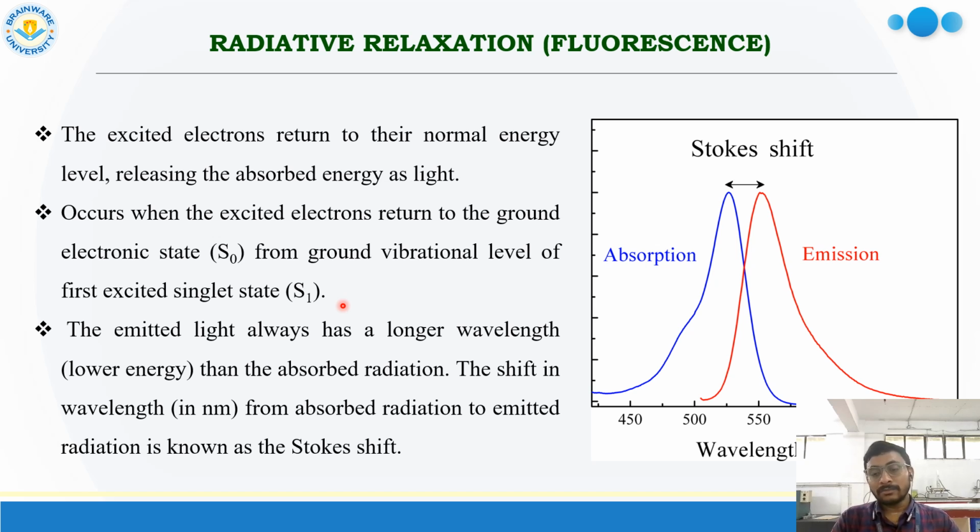Now you can imagine when they absorb light, the electron naturally goes to a higher vibrational level, but for fluorescence the electron always comes back from the ground vibrational level of S1 to S0. That is why the energy that was absorbed will always be higher compared to the energy that is emitted, and the amount of shift in lambda, from absorption to emission, is called the Stokes shift.